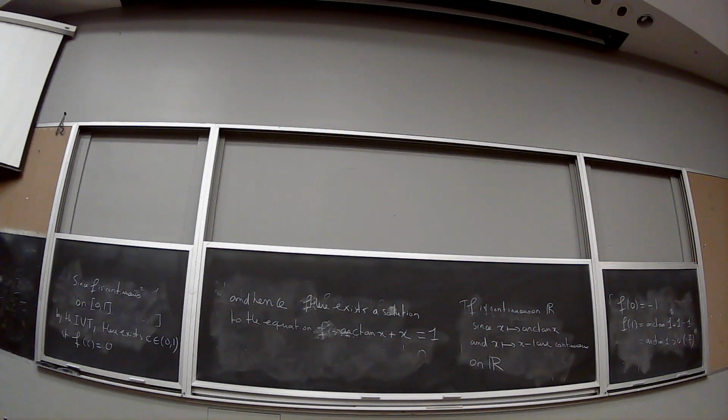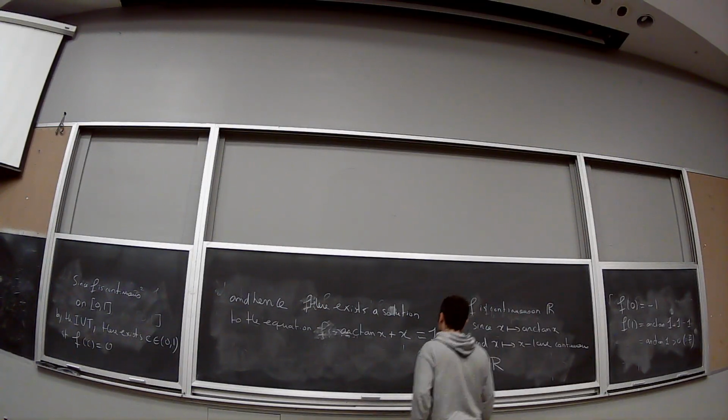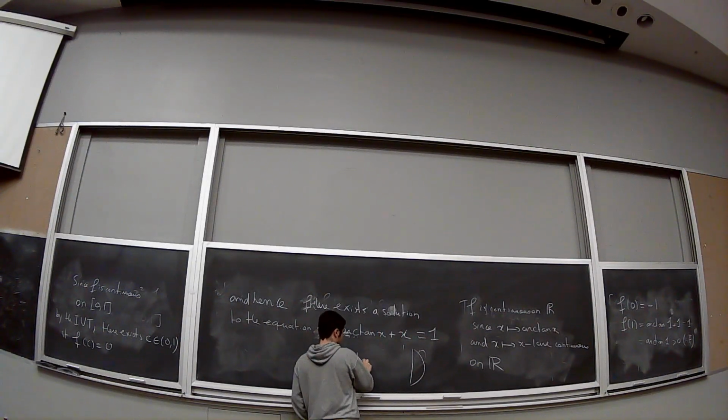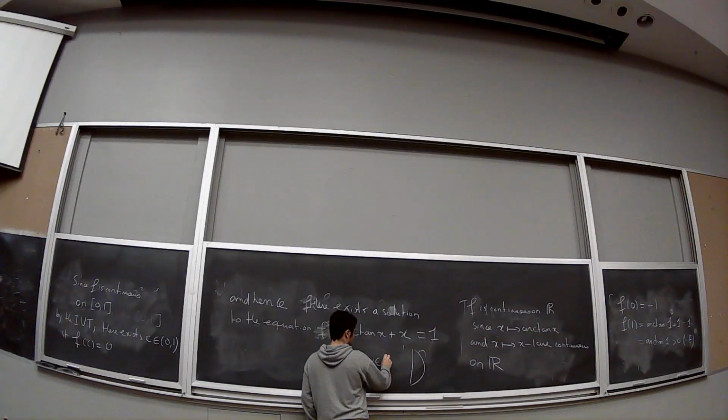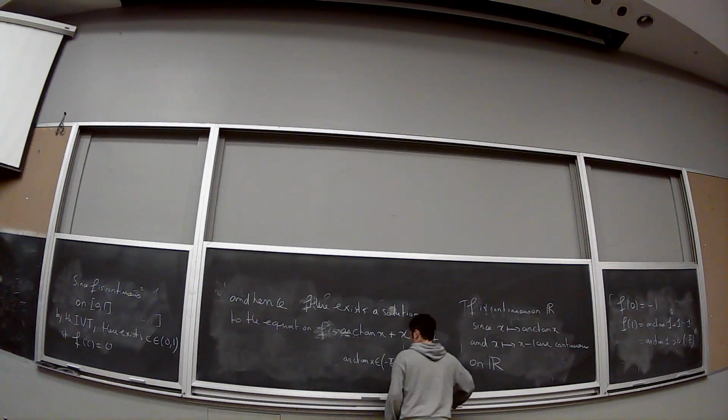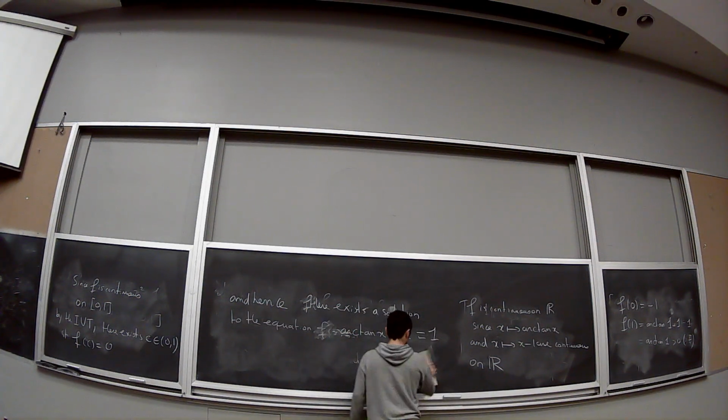No, arctan is defined on minus pi over 2. Sorry, the range of arctan belongs to minus pi over 2, pi over 2. Right? Okay? Great. Please revisit this.